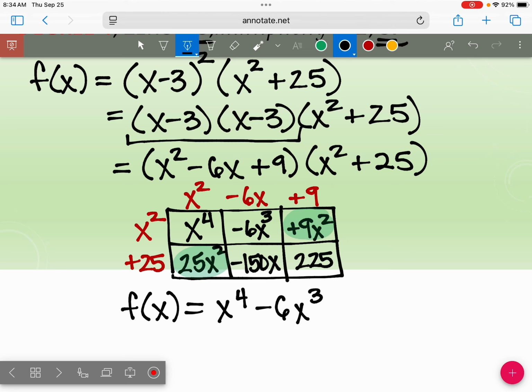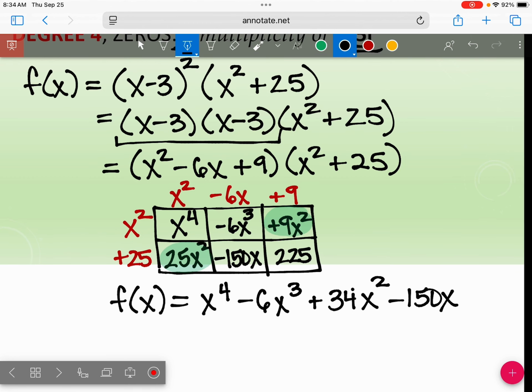And then what's 25 plus 9? 34, good, x squared minus 150x, it's a long one, and plus 225. Any questions?